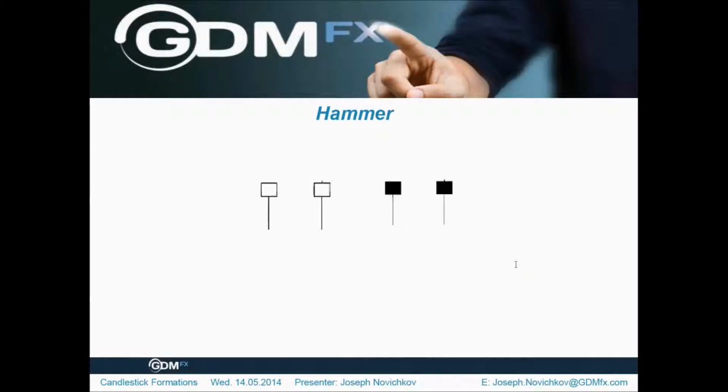We're moving on to a very important bottoming reversal candlestick line called the hammer. Now, the hammer and the hanging man are both the same lines. They represent a very small real body, white or black, regardless of the color.